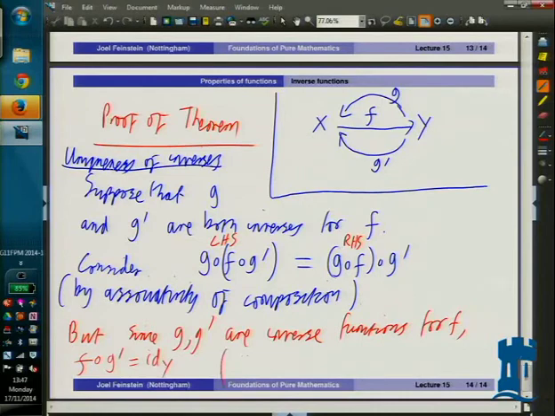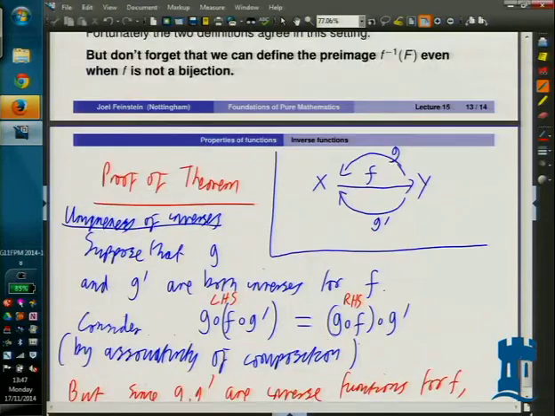That's the same as saying f of g prime of y equals y for all y in Y. But we also have g composed with f.